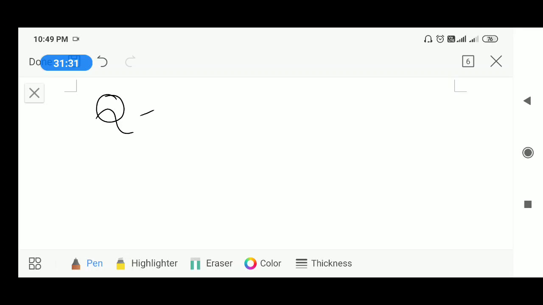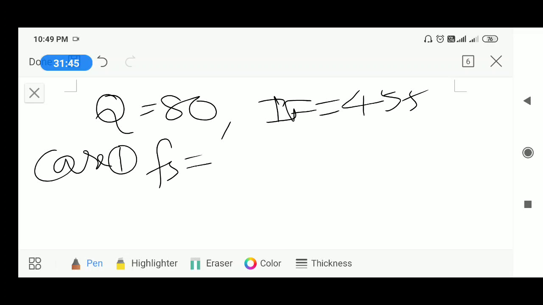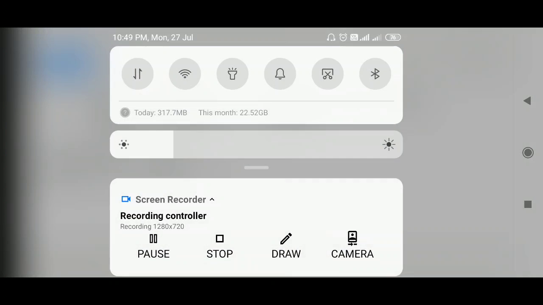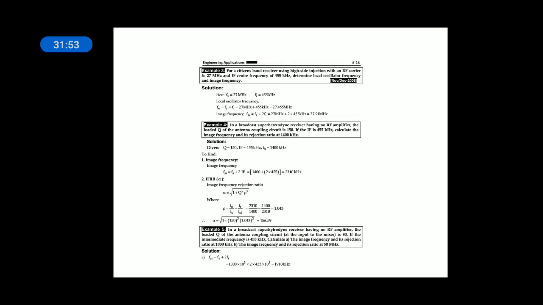Q is equal to 80, IF is equal to 455. Case 1, when Fs is equal to 1000 kHz.